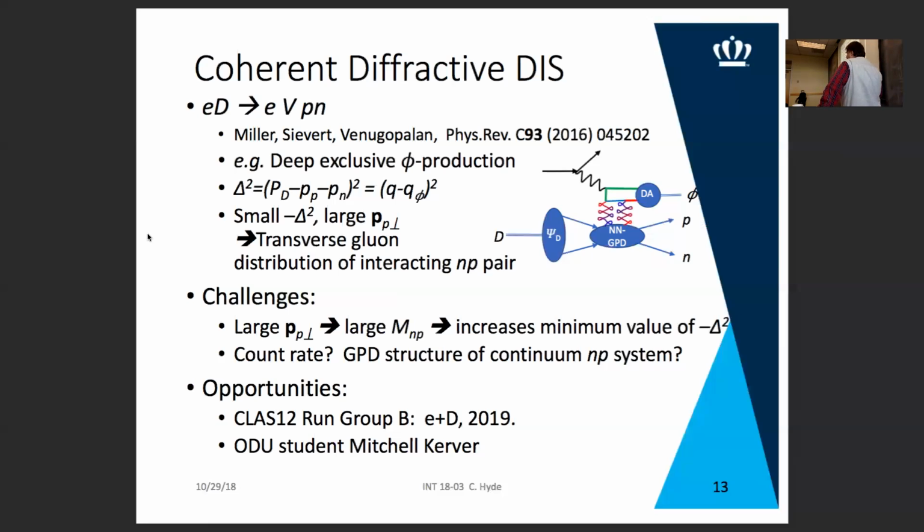Independent of all GPDs, this process must be something. You measure the phi or the J/psi or whatever. You only have to measure the proton or the neutron because the kinematics of the process totally determine it.